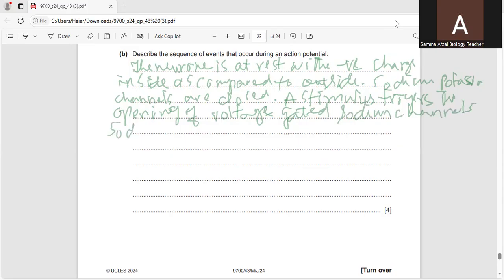Sodium ions rush into the cell, making the inside more positive.